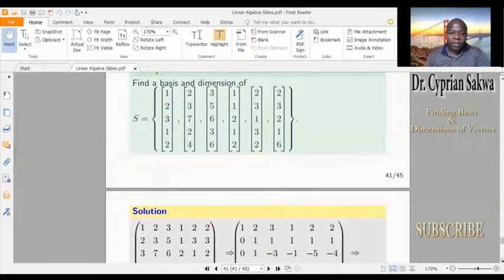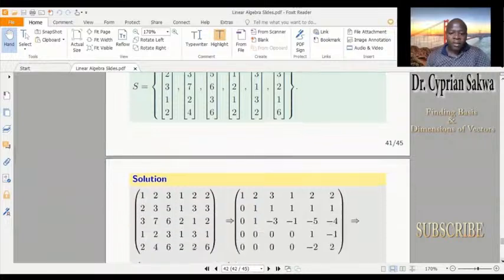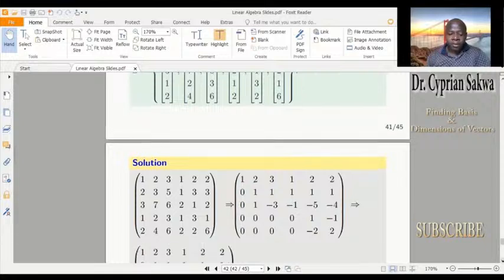So I would still arrange these elements the way they are in column form: the first element as the first column, the second element, second column, the third element, third column, the fourth element, fourth column, the fifth element, fifth column, and then the sixth vector to be the last column. And then reduce to echelon form. And you know how to reduce that.